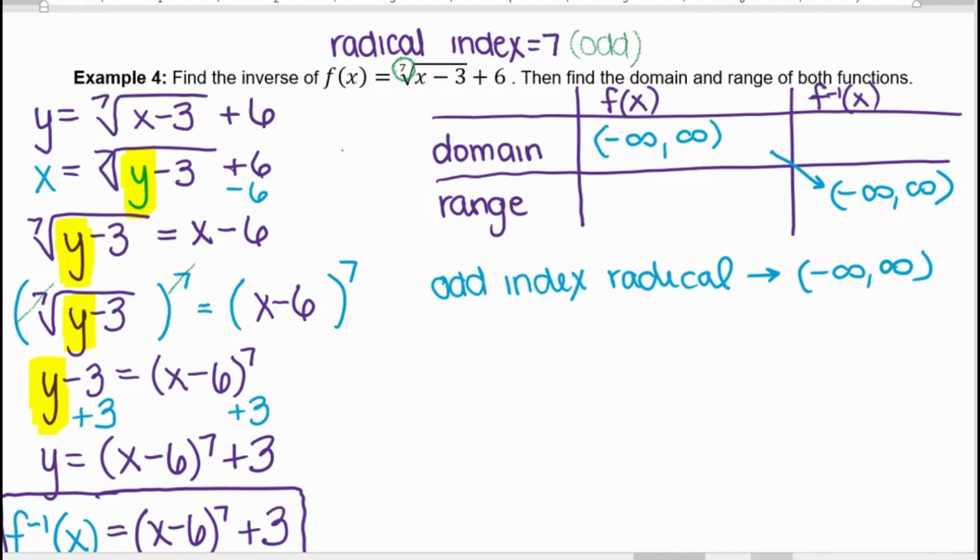And that also means when we're looking at our range, we're going to wind up hitting all the negatives and all the positives, which means that I'm going to have negative infinity and positive infinity for my range of my original, which is also the domain of the inverse.